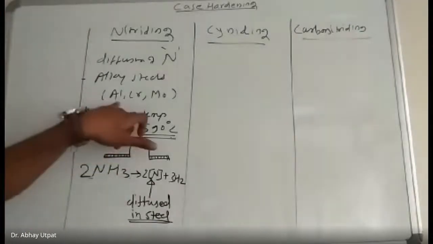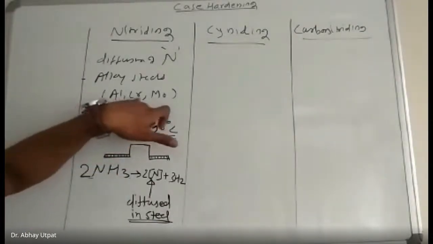In bracket, following elements: aluminum, chromium, molybdenum. Then make a star mark.